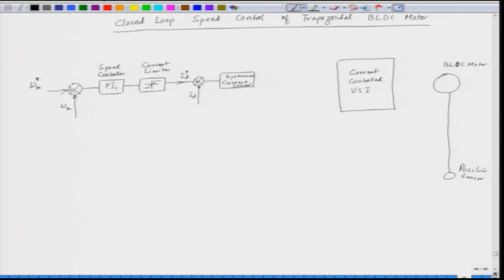So, the hysteresis current control is fed with the position of the rotor theta, and then we have a speed calculator. So, from the theta, from the position, we can get the speed, that is omega m.